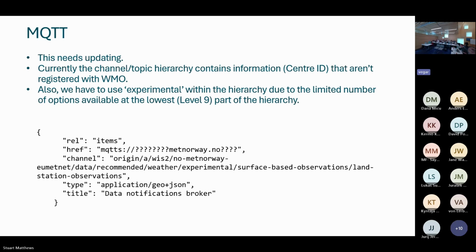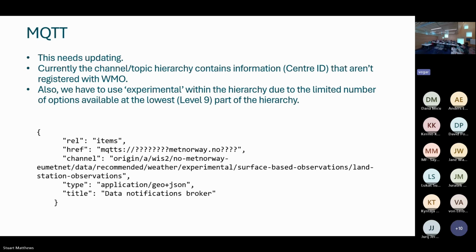But I think I've other issues with it, because it needs some coordination about what's the purpose of that level 9. Is it to be encoded messages, which it currently includes, or do we describe observing networks? If we describe observing networks, for example, you could say aircraft-based observations are an observing network. So do we put aircraft-based observations as the last part of the hierarchy, or do we say things like AMDAR, MODES, TAMDAR?